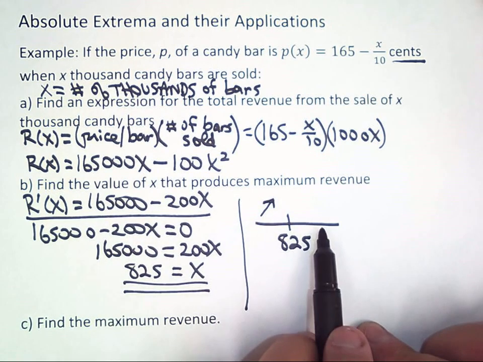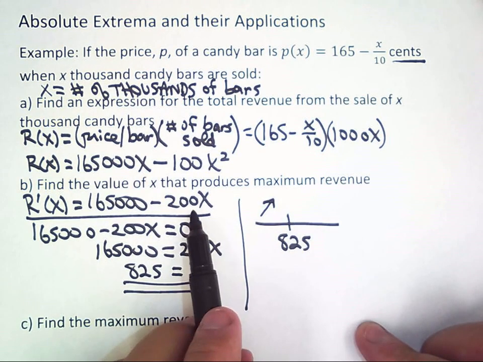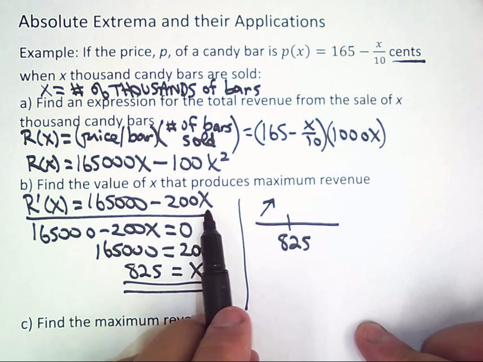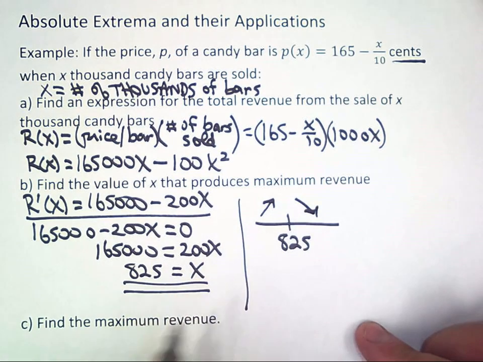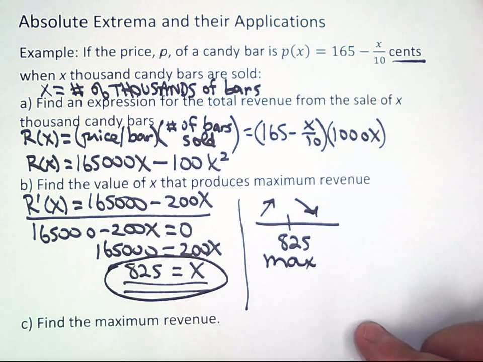You take a number bigger than 825, say maybe 1,000. 1,000 times 200 is 200,000, and 165,000 minus 200,000 is definitely negative. So that is a max. So yes, 825,000 units, but it says the value of X is 825, but remember that really represents 825,000 bars sold.